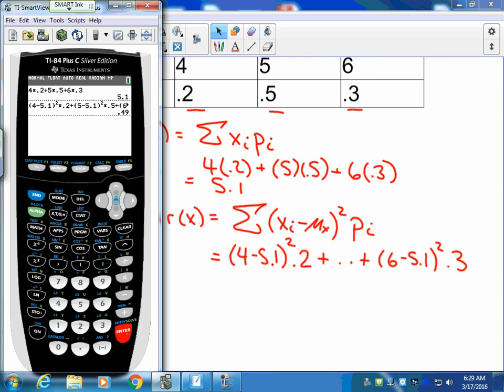Okay, so when we work all that out, that gives us our variance value. So we get a variance of 0.49.